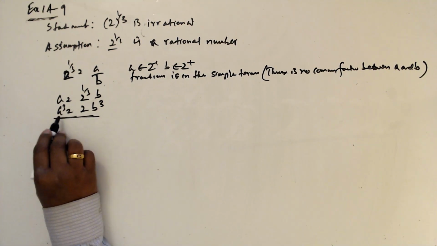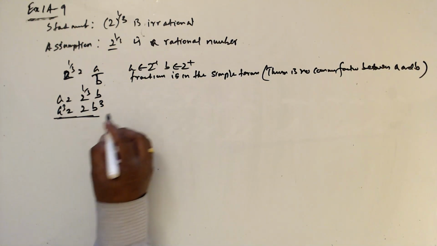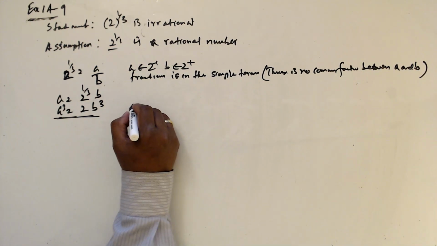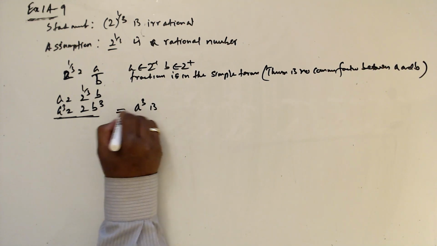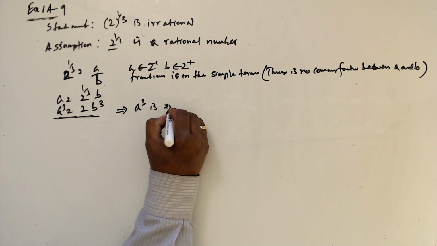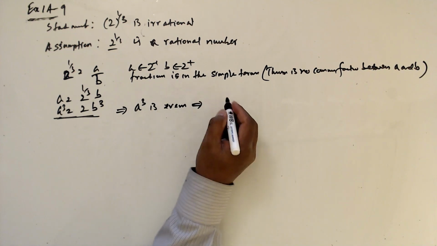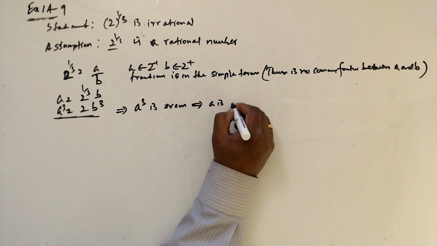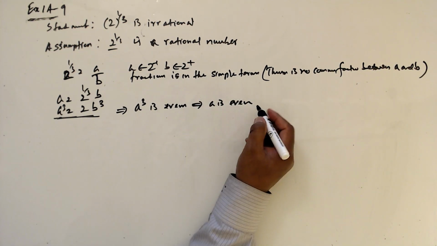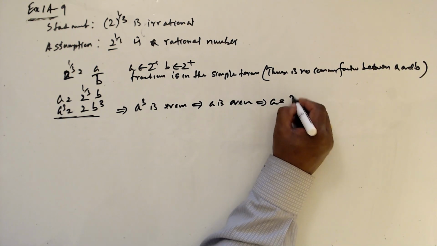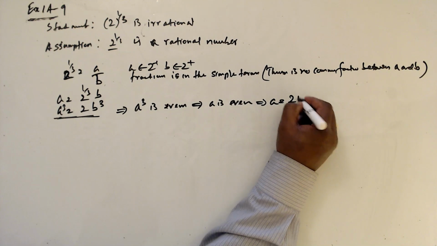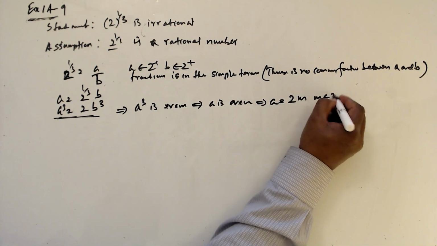That means A cube is even. This implies that A is even. Then we can write that A equal 2 times M, where M is an element of Z.